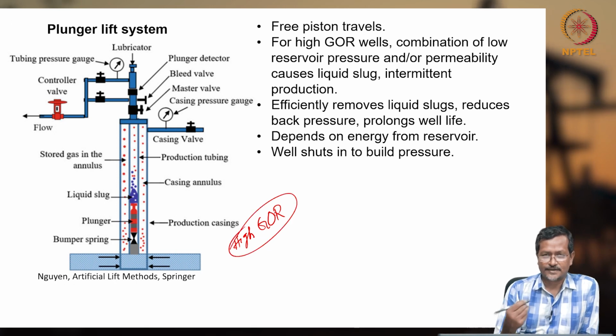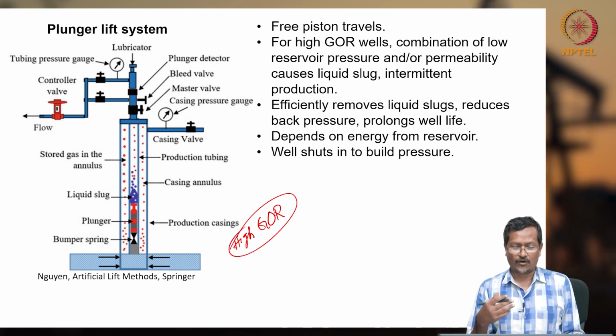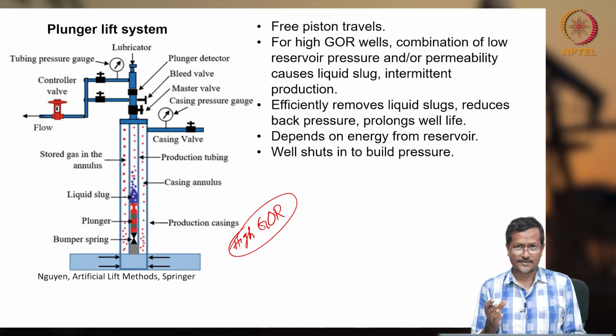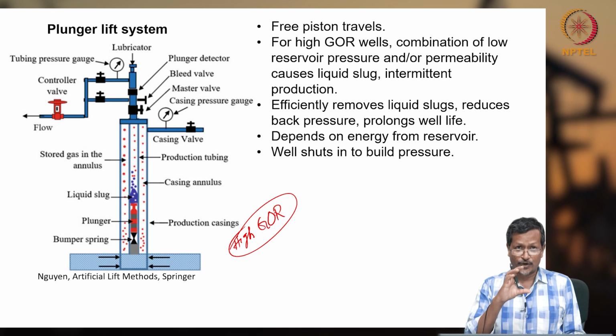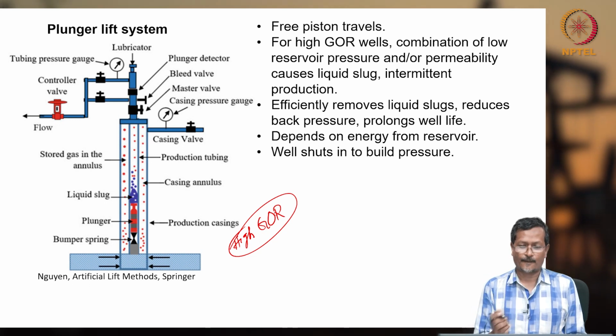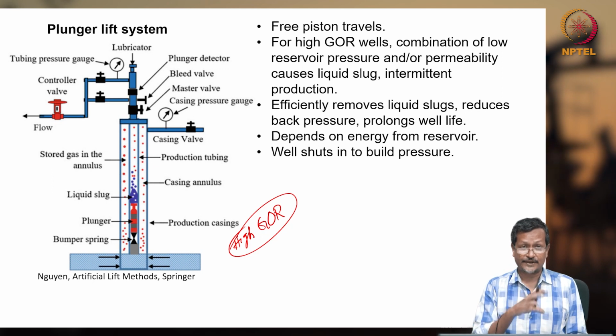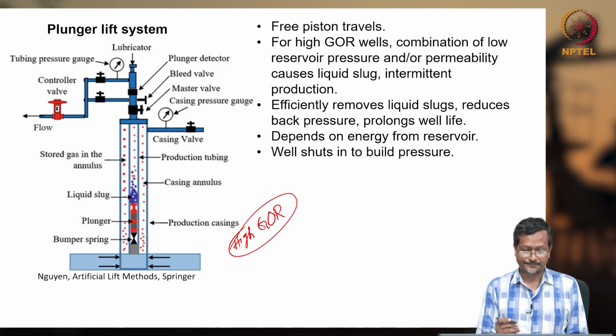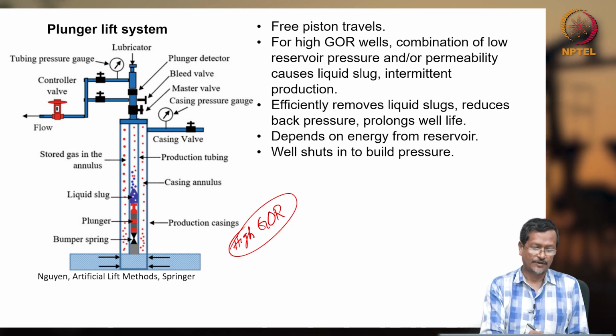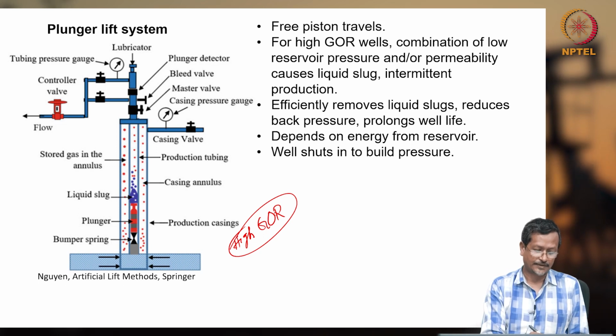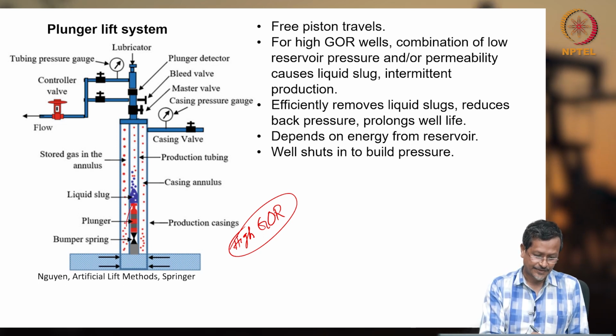So, high gas liquid ratio means an oil wellbore with very high gas, or a gas well with a low amount of liquid coming in. Okay. When reservoir pressure is down, in that case you remove the liquid, you get more production. Okay. So, this is called free piston system.